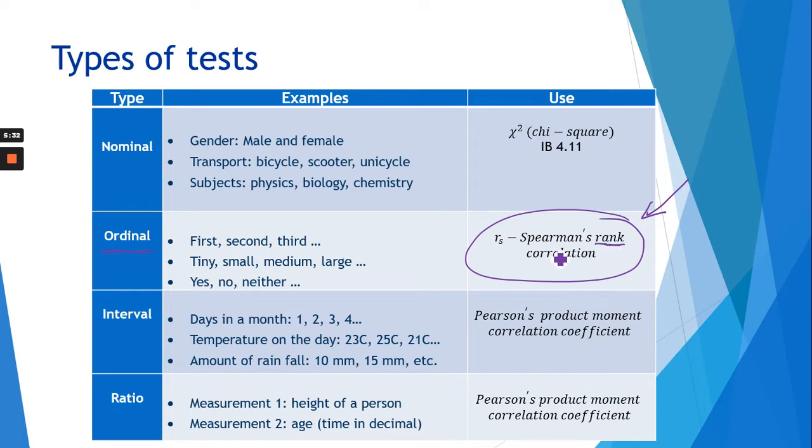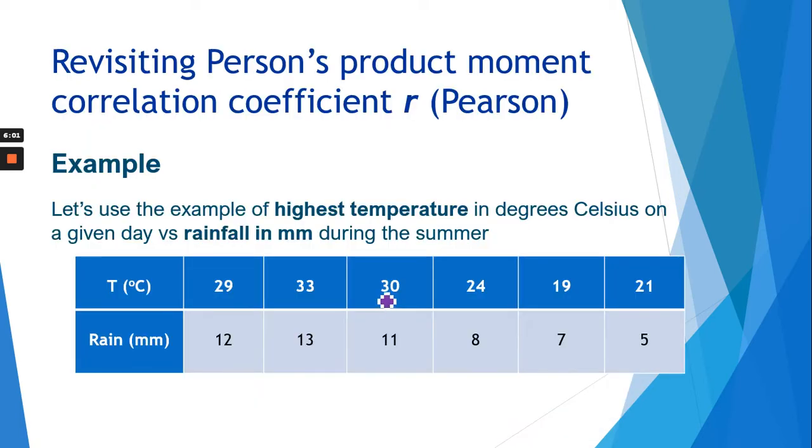If we don't put in a rank, then we cannot use Spearman's. And also, if we have numerical data that are not ranked, then we're going to use the Pearson's product moment and not the Spearman. This is because the Pearson's is more accurate, okay? The more information I have, the more accurate my test will be.